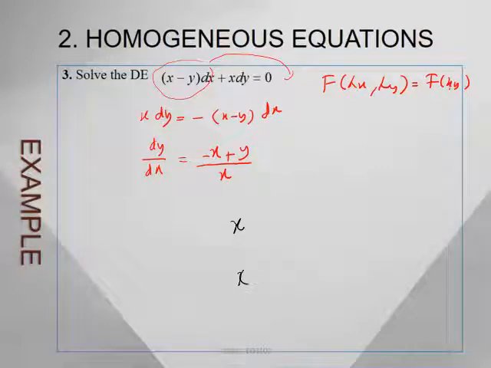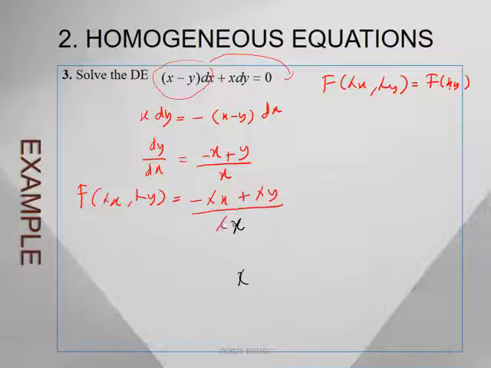So f(λx, λy) is equal to (negative λx plus λy) divided by λx. So we can cancel out the lambda.